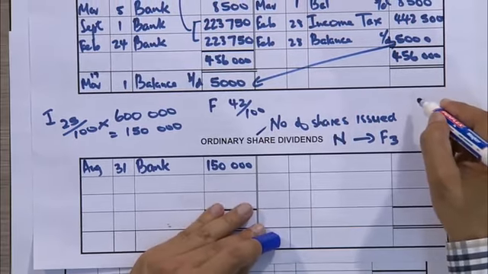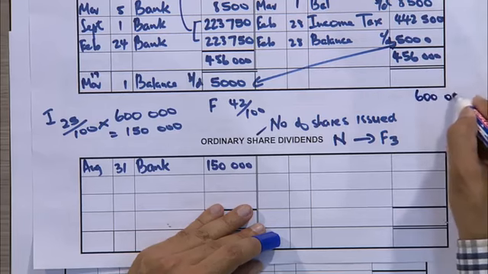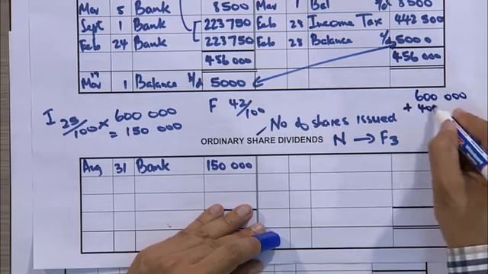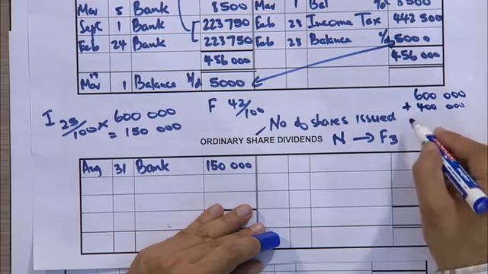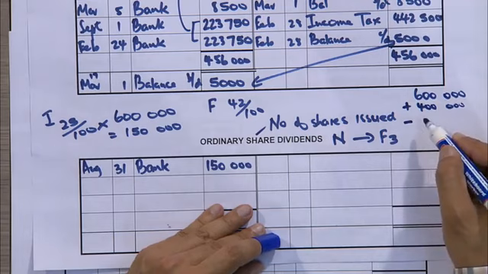So let's start right at the beginning. Remember that they had 600,000 shares. Then they issued an extra 400,000 to get the million. Then they're going to repurchase 120,000.